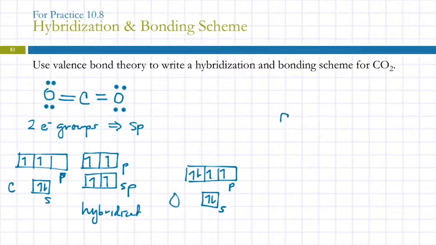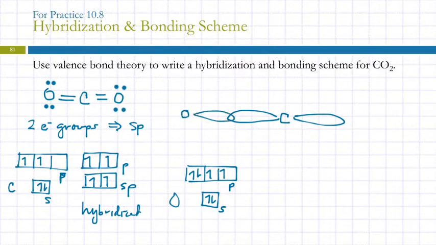Okay, so I'm going to put carbon in the middle. And it's going to form sigma bonds with the oxygens. So we've got the sp hybrid orbitals, and that's going to overlap with a p orbital on the oxygen. So we have a pair of electrons there. And here we have oxygen with a p orbital.